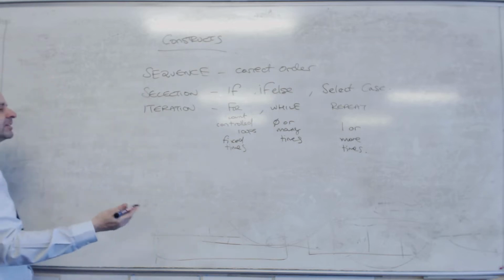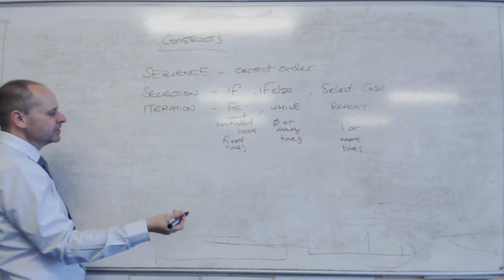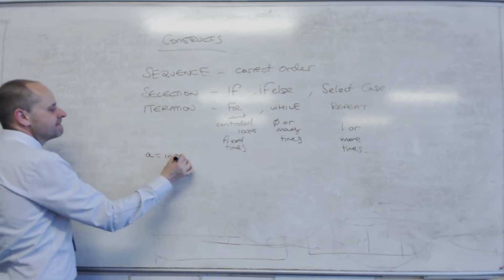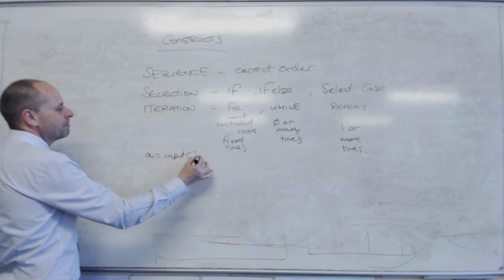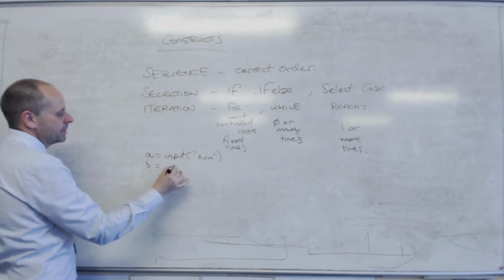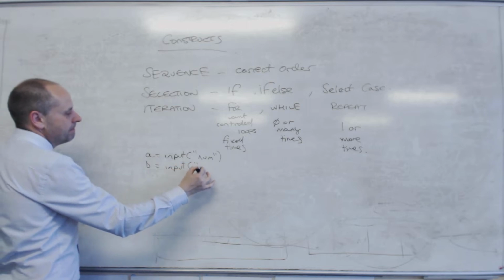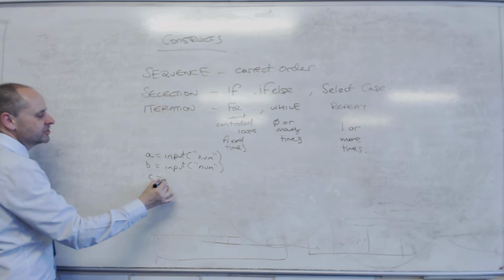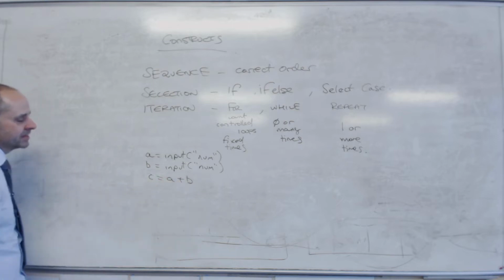So it might be, for instance, if you want to do a calculation with some inputs, you might have two values input, and we want to do a calculation with it, a plus b.